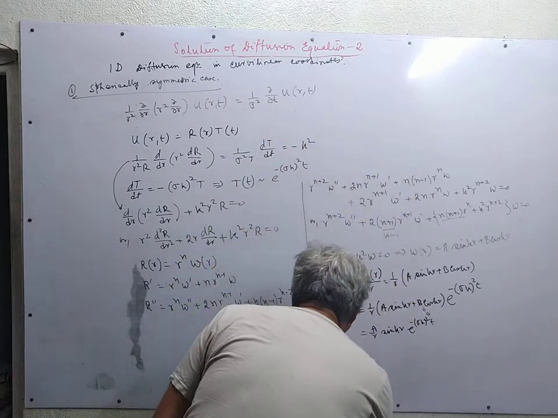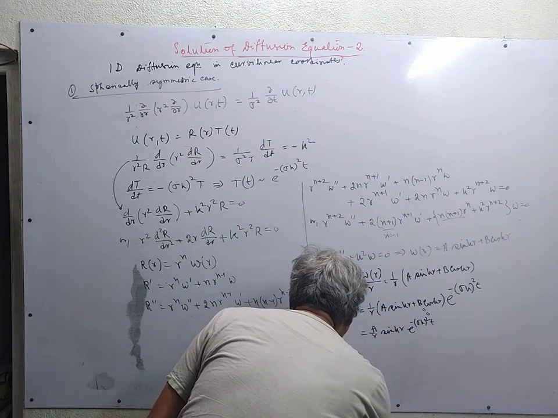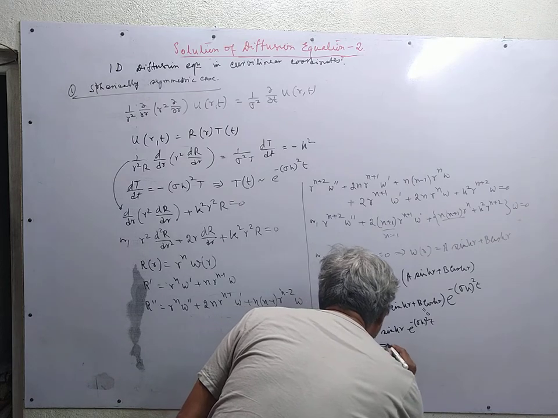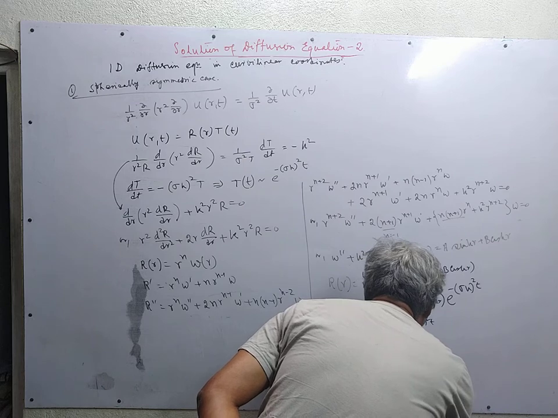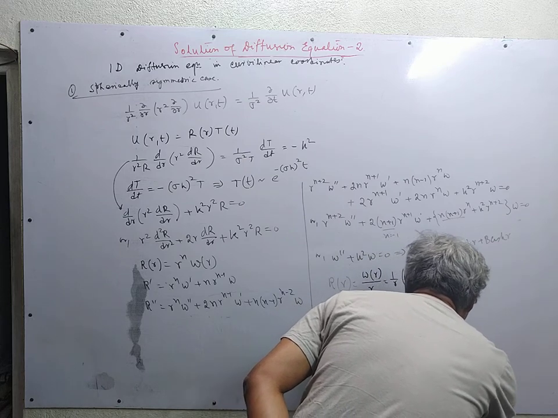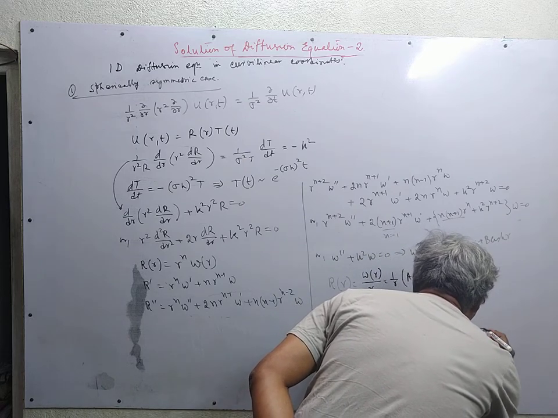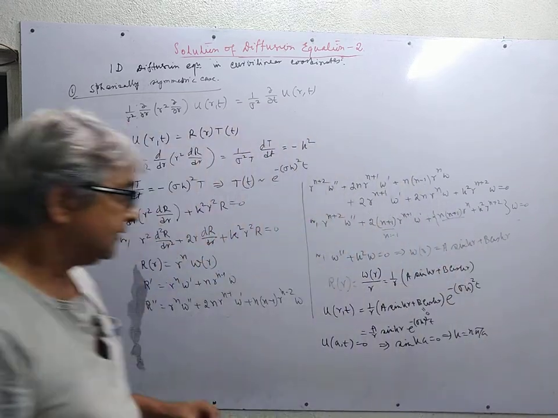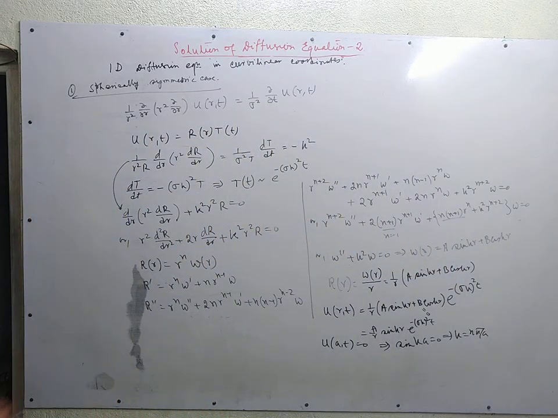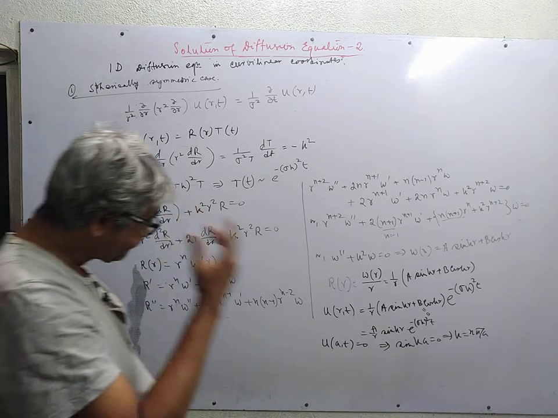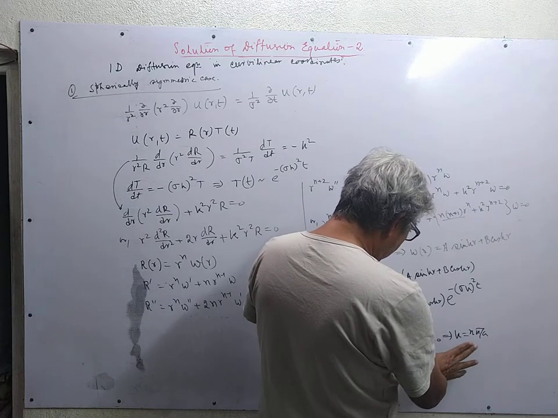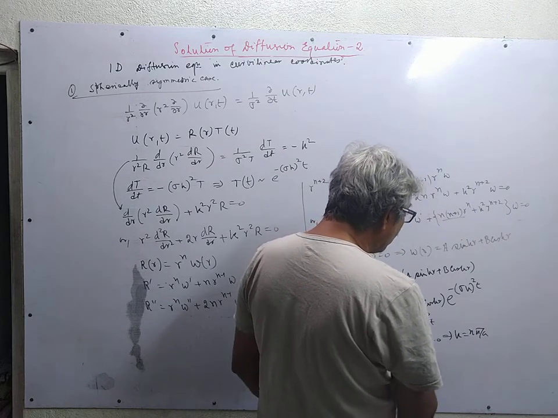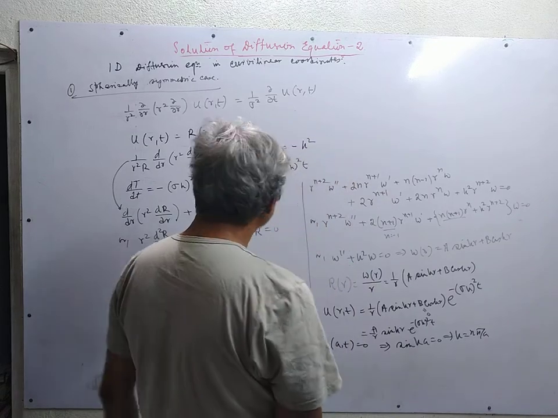If we say that u at a,t is equal to 0, this gives us that sine of ka is equal to 0, that is k is equal to n pi by a. So the discrete values of k are obtained from this, and since this holds for all values of n we get solutions, and the most general solution will be a superposition of states.